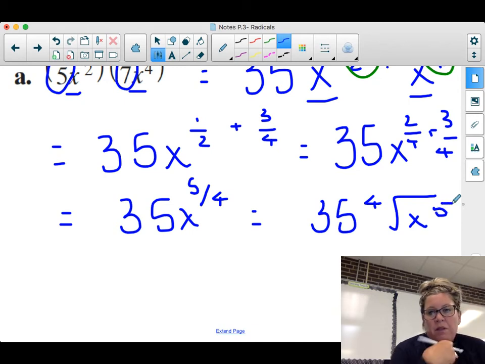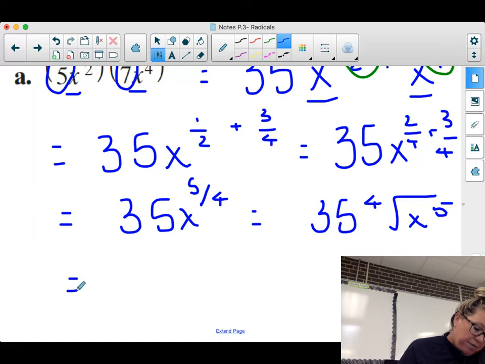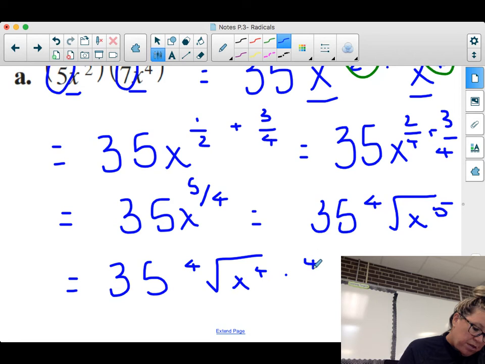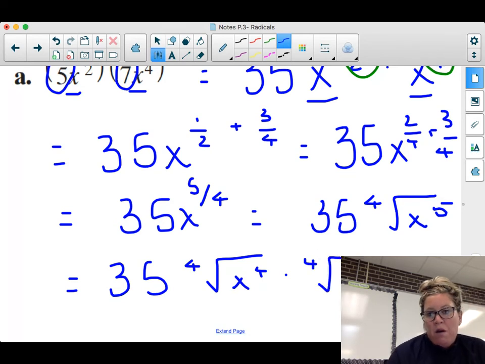The 35 will stay outside, and then the x raised to the 5/4 becomes the radical piece. And then you can continue breaking that down as the 4th root of x to the 4th, and then the 4th root of x, because you're looking for powers of 4.